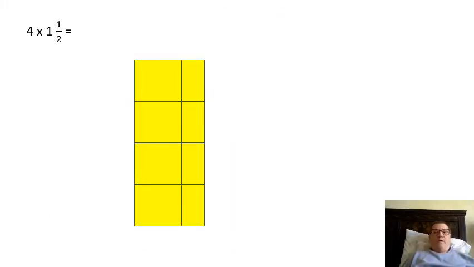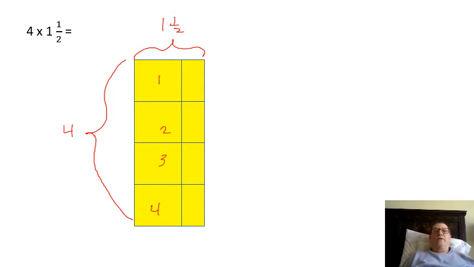Okay. For our next one, we can see again that we have 4 rows, and this time we have 1.5 columns. So when we counted up our wholes, we know we have 1, 2, 3, 4, and I have 1/2, another 1/2, 1/2, and 1/2. So I actually end up with 4 and 4/2, which we know equals 4, and 2 will go into 4 2 times.